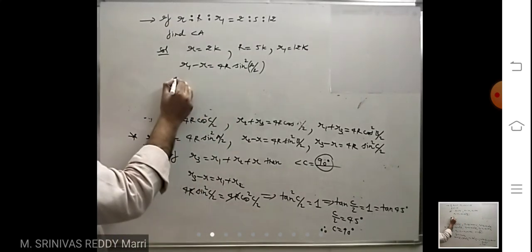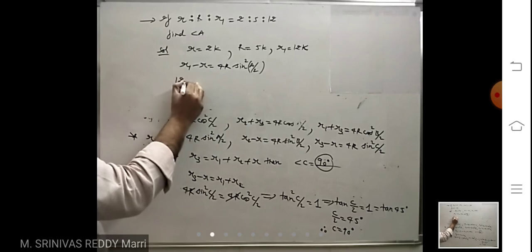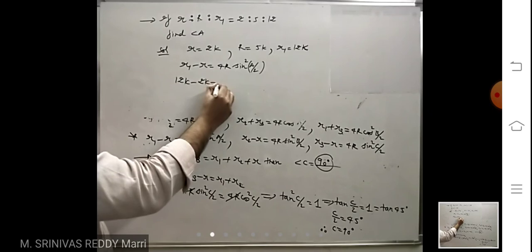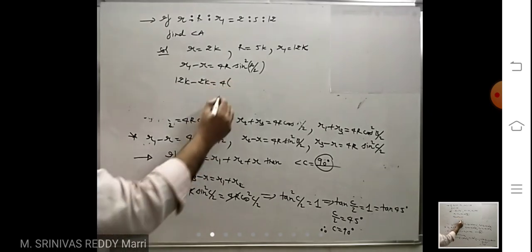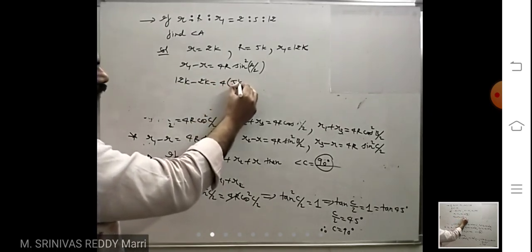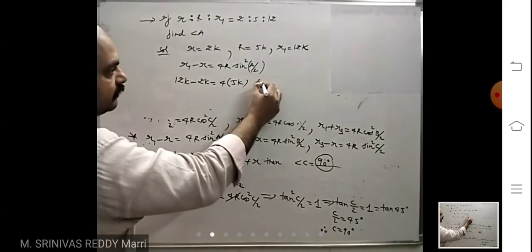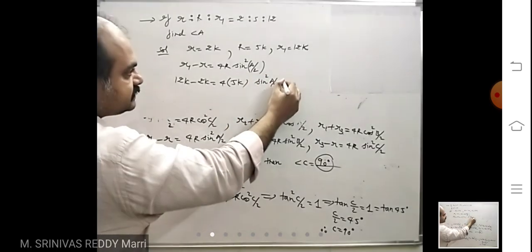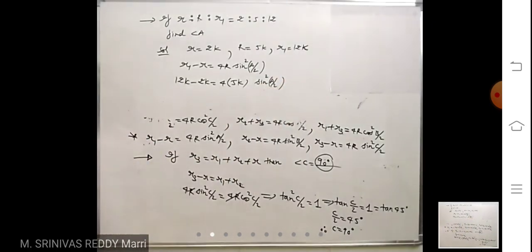What is R1 minus r? This is 12k minus 2k equals 4 into 5k into sine square A by 2.